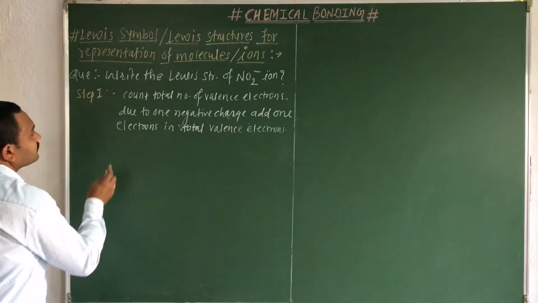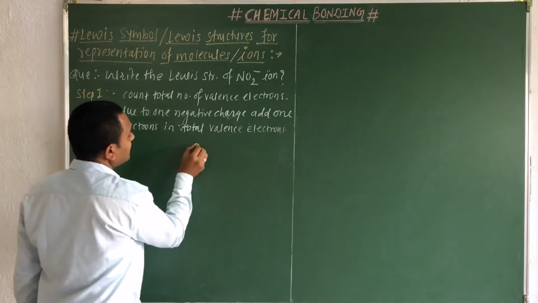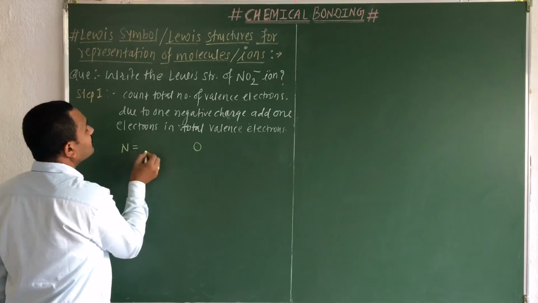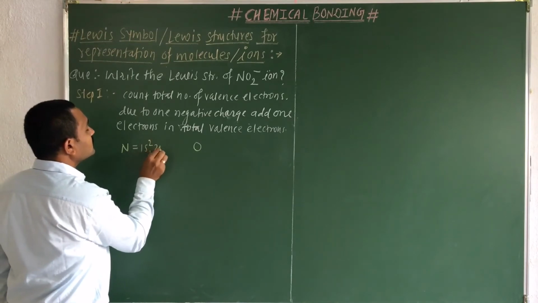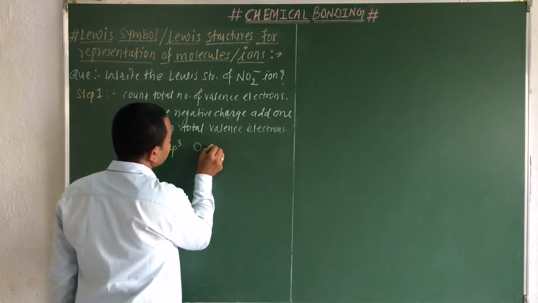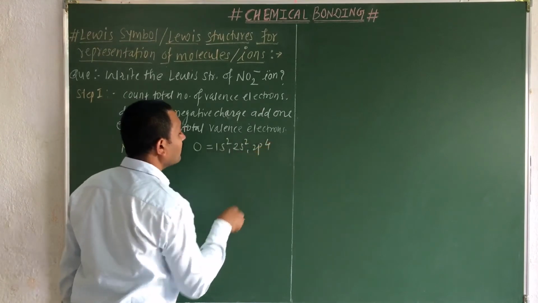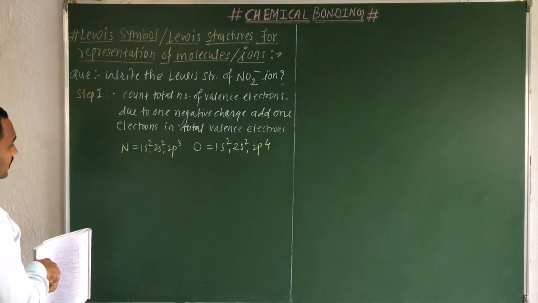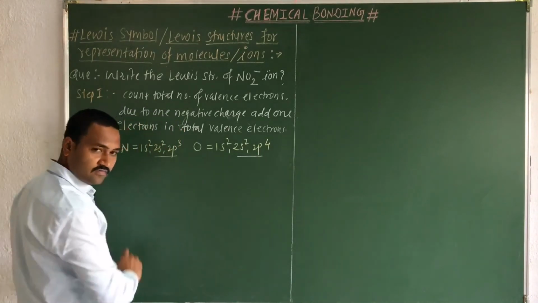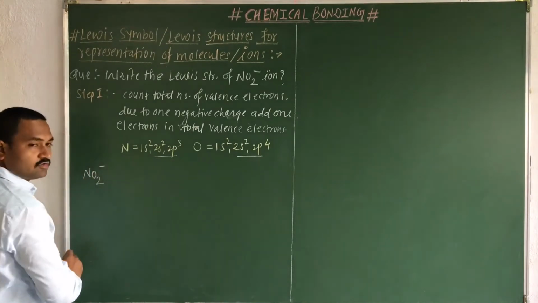You know that we have only two kinds of atoms here, nitrogen and oxygen. Now what is the electronic configuration of nitrogen? We know that it is 1s2, 2s2, then 2p3, and oxygen is 1s2, 2s2, then 2p4. We know that each oxygen atom has 6 valence electrons while nitrogen has 5 electrons. So let us calculate the total number of valence electrons for NO2 minus ion.